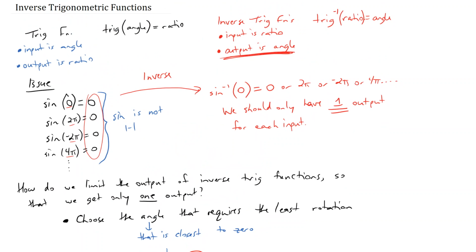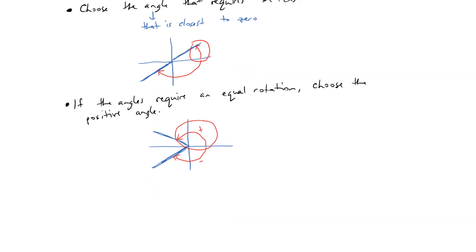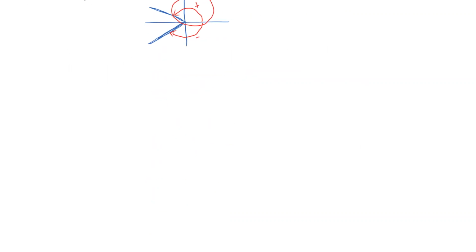I'll make some other videos specifically concerning inverse cosine, inverse sine, and inverse tangent. The last thing I want to mention here though is notation. For sine inverse, you can write sine with a superscript of -1.